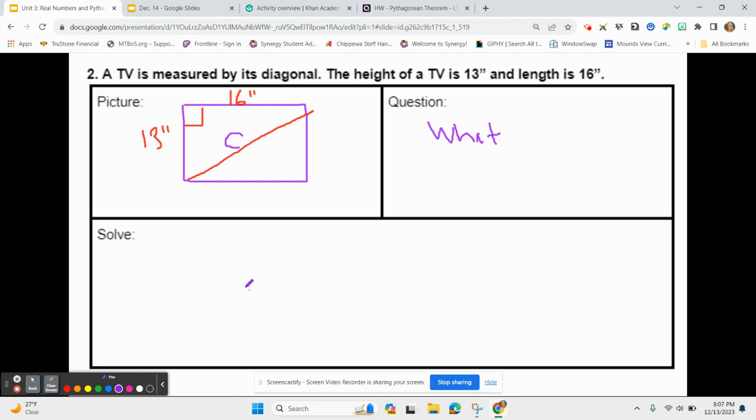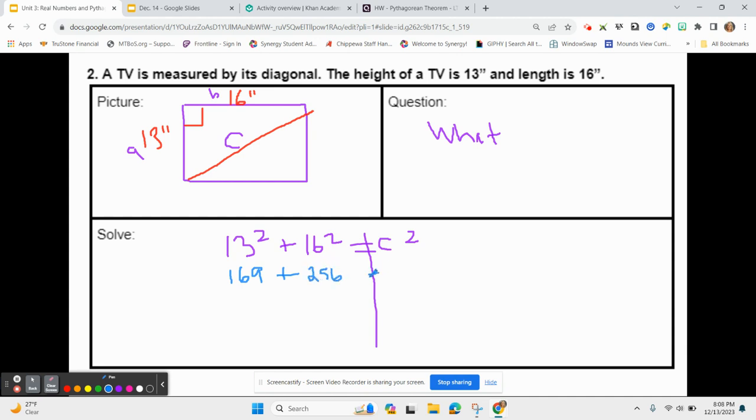Now, let's solve it. Let's just say 13 is A, 16 is B. So I've got 13 squared plus 16 squared equals C squared. So I'm going to put my line in and solve. I know that 13 times 13 is 169, plus 16 times 16 is 256.